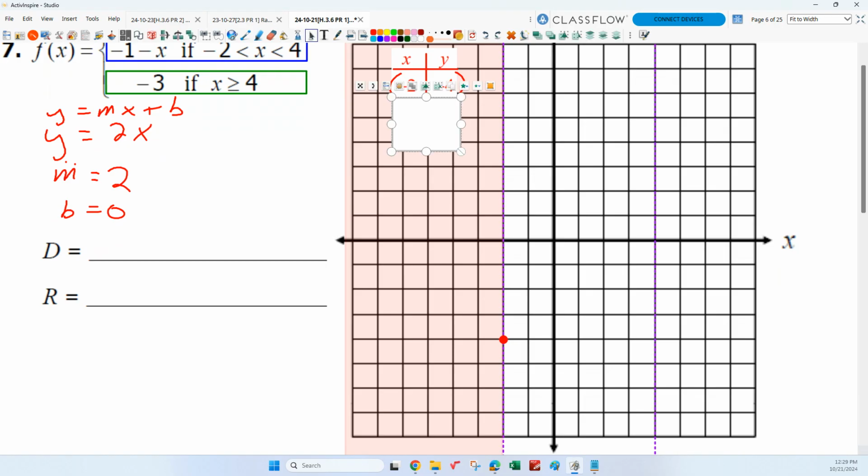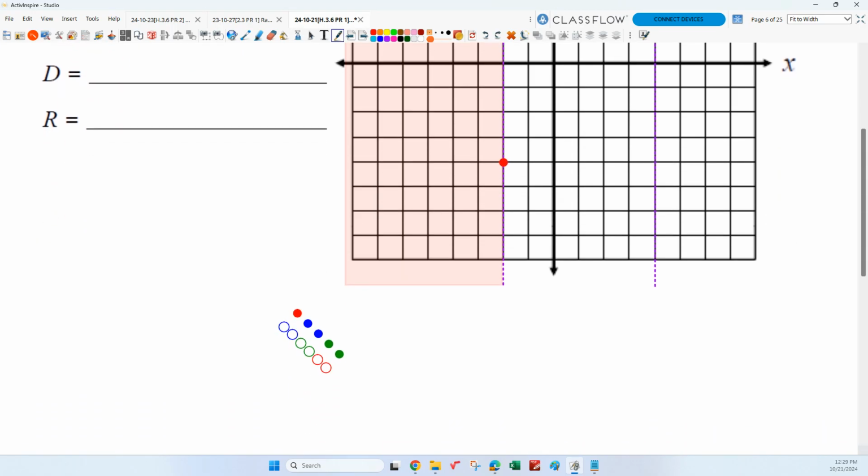If we pick -4, then we get the ordered pair -4, -8. So I'm going to put obviously a solid point, right, because that's a point that's on the line at -4, -8, puts us right there. And then how would I connect those?